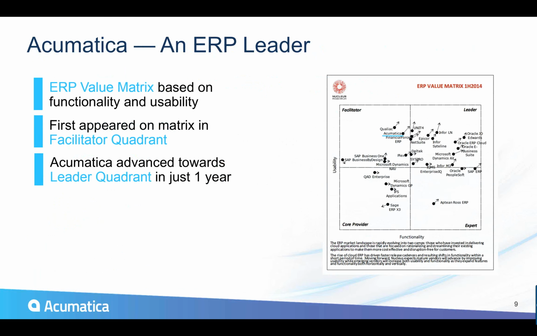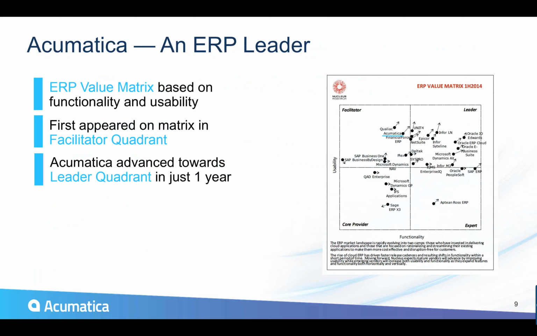And then we show that Acumatica is a leader in the ERP space, and it's not just us that believes that, but there are external organizations whose job is to evaluate all these different solutions and map us out. So we give an example of that in Nucleus's ERP value matrix, which was produced in the first half of this year.